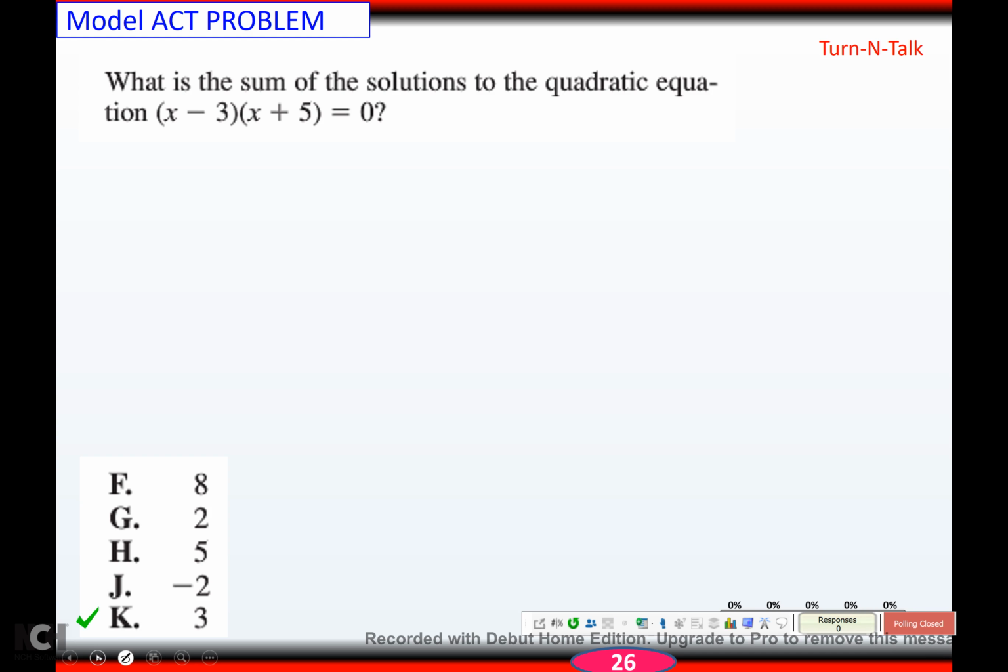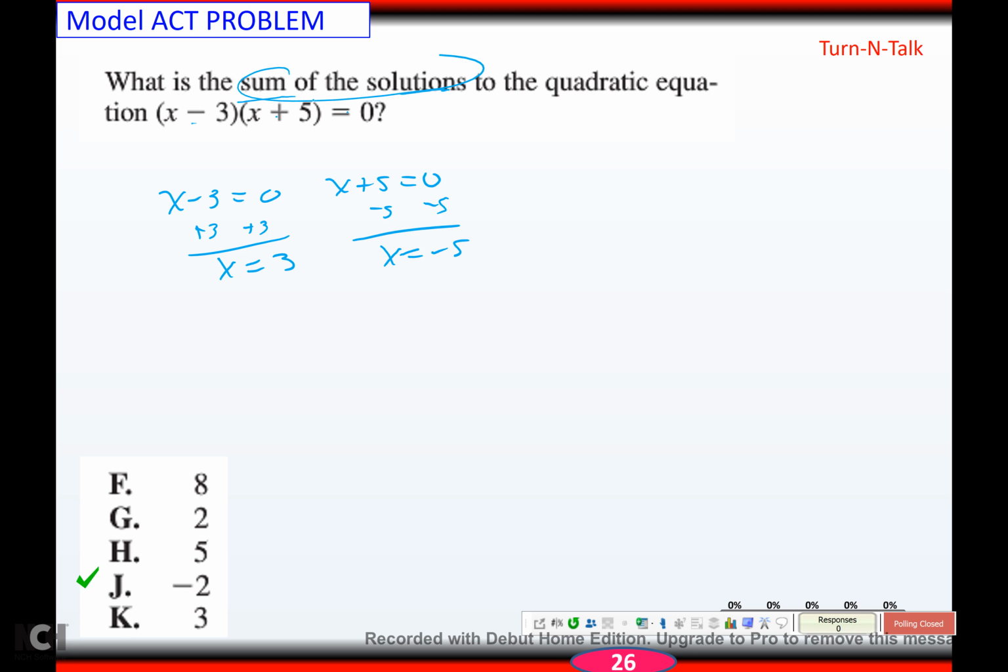Okay, it was nice of them. They already factored this for us, but they want the sum of the solutions. To turn factors into solutions, you're going to set each one to 0 and solve it. Add 3, x equals 3, minus 5, x equals negative 5. Then they want the sum of those.